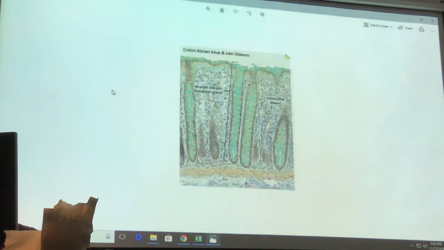This is just a different staining, highlighting different parts of the large intestine. Lamina propria here. Here we have some of those pits where you have the goblet cells, kind of this bluish color, this grayish green color. If you're here you can really see them. These are the simple columnar epithelium.